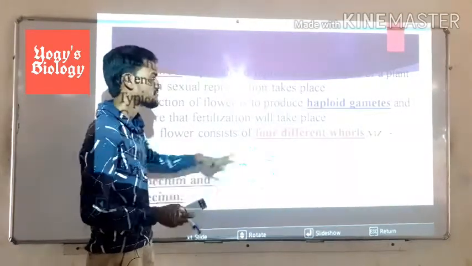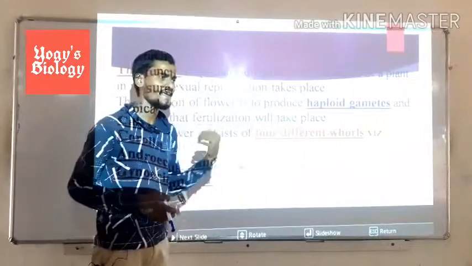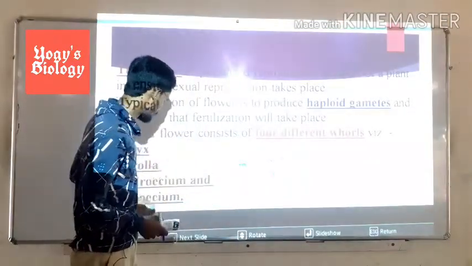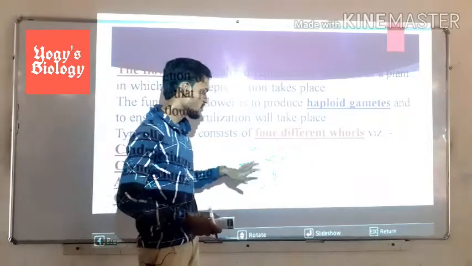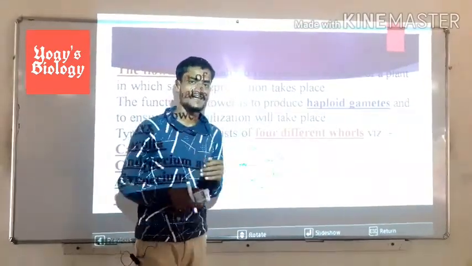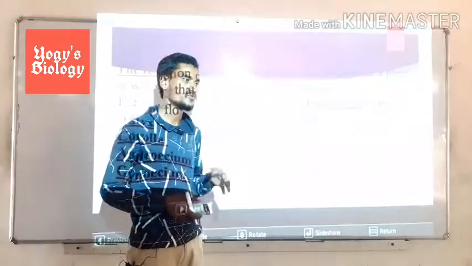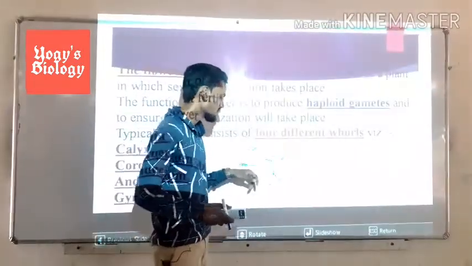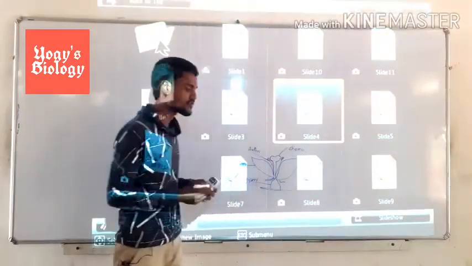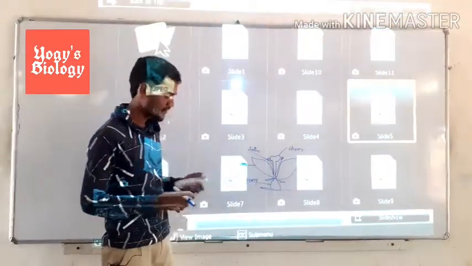Four different types of whorls are present in a bisexual flower: the calyx, corolla, androecium and gynoecium. Two whorls are essential and two whorls are accessory. The accessory whorls are the calyx and corolla.